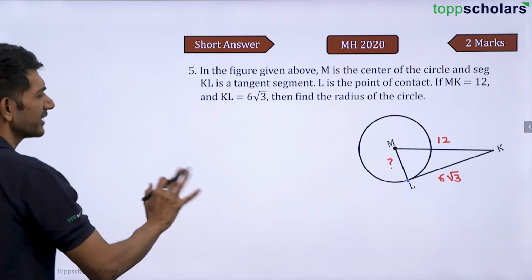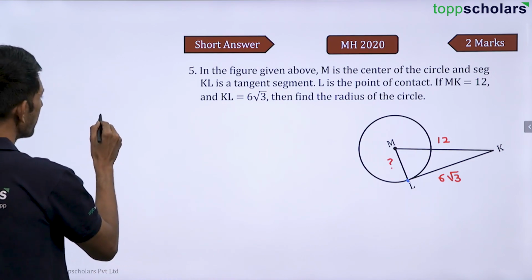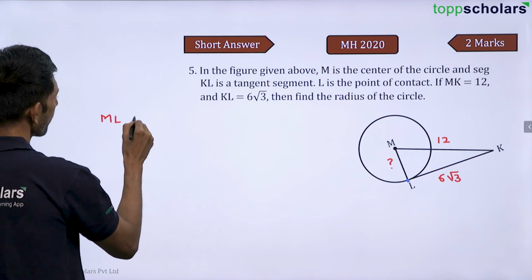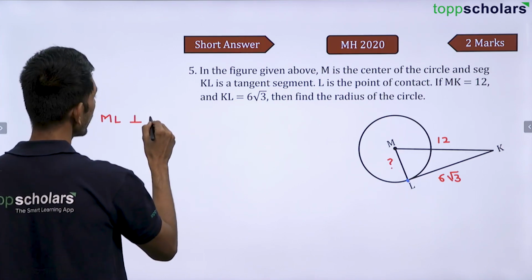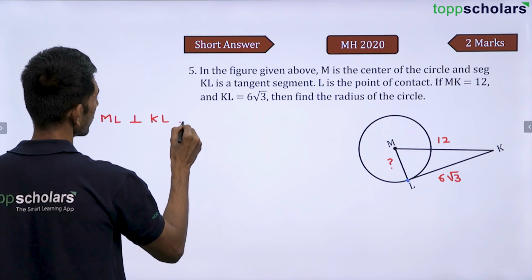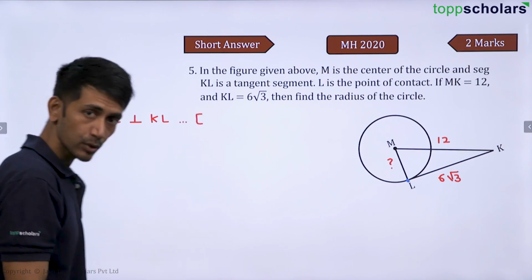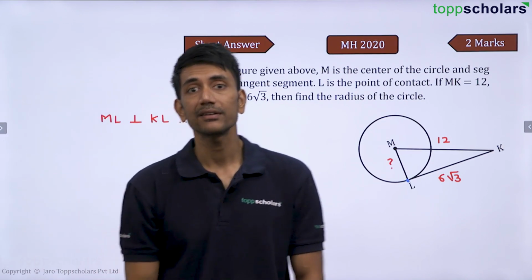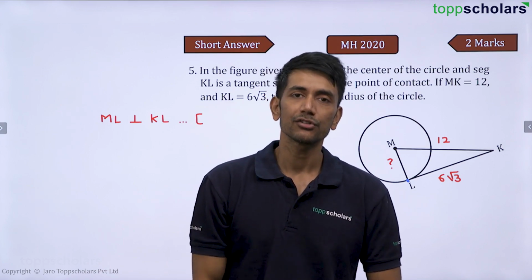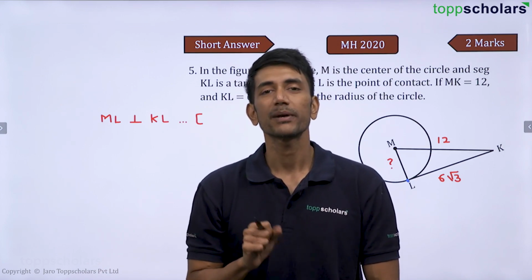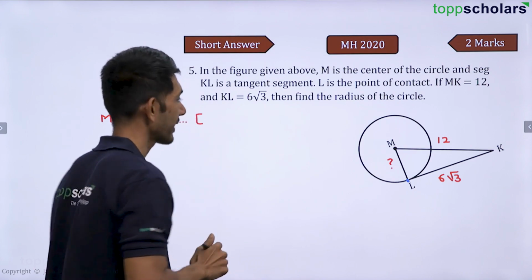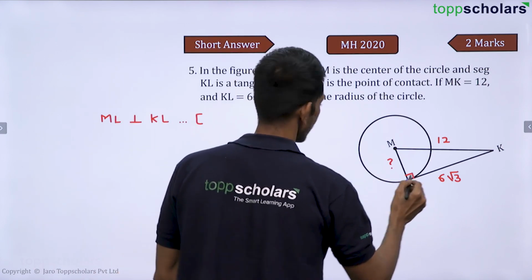Okay. So let's begin with the solution. Now we know that ML is perpendicular to KL. Why is it perpendicular? We know the relation between the radius and the tangent, right? What is the relation? The relation is that tangent is perpendicular to the radius at the point of contact. So this is 90 degrees.